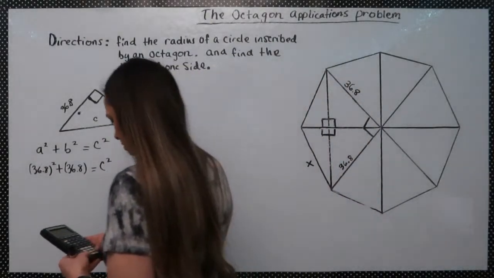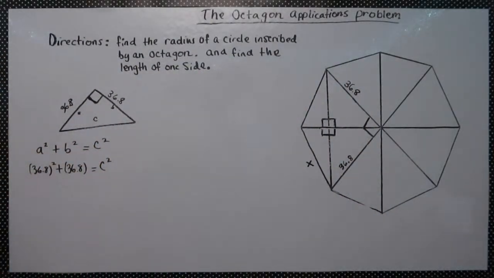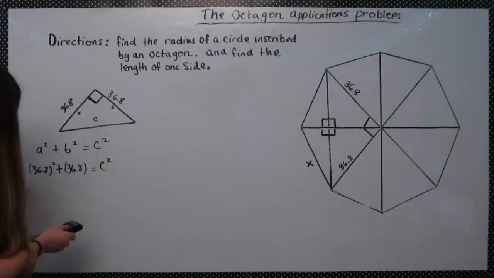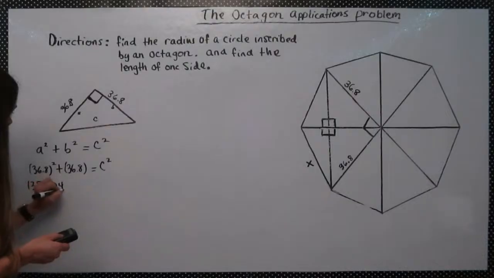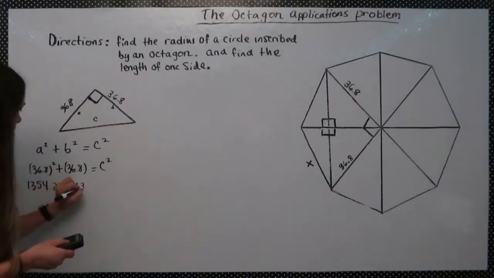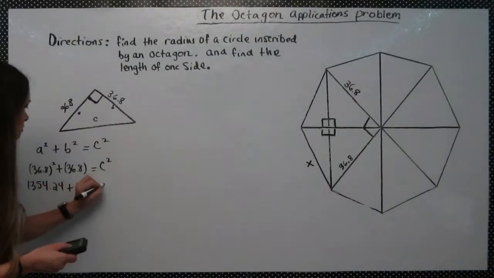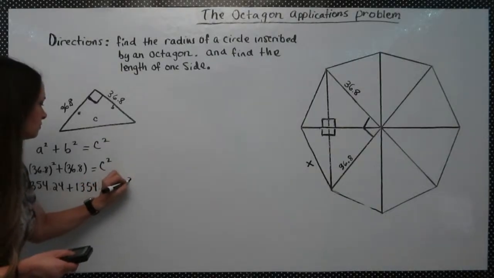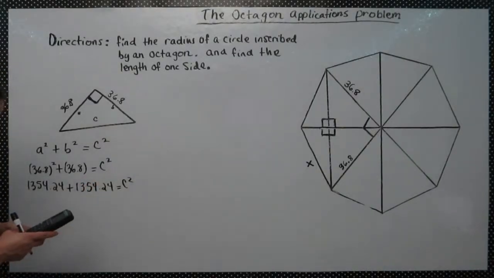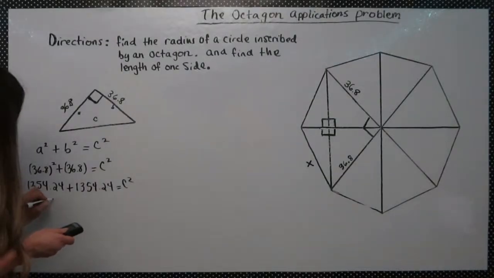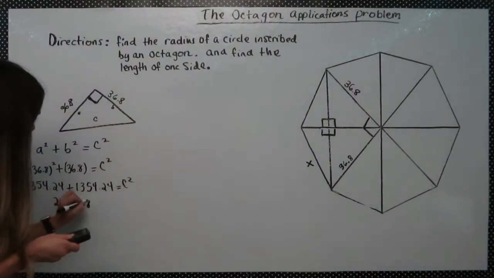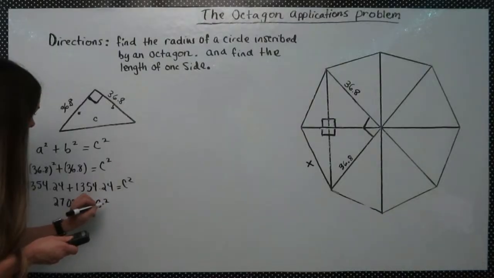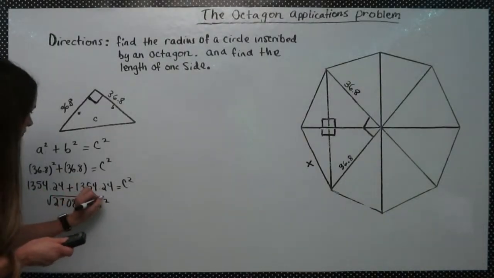So that's 36.8 squared. I'm getting 1,354.24 plus 1,354.24, and that equals c squared. So I'm getting 2708.48 equals c squared. So to solve for c, you have to take the square root.